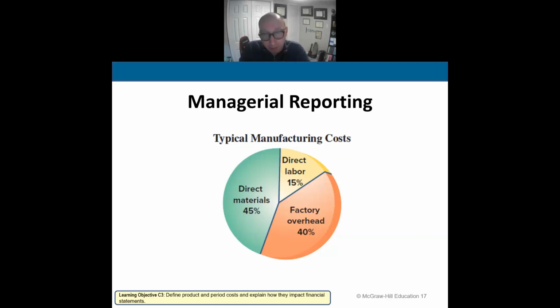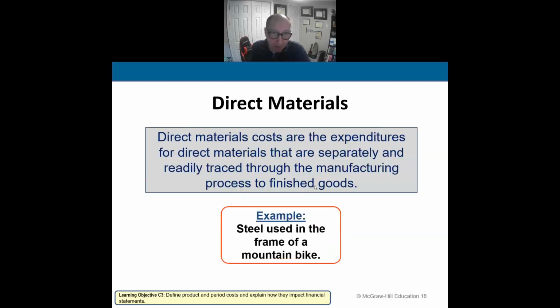And so the types of reports that we would typically see involve cost, for example, the cost of manufacturing. The cost of manufacturing looks something like this. 45% of all manufacturing costs is direct materials. 15% is direct labor. 40% is factory overhead. Yeah, that's about right. It's pretty typical, pretty standard.